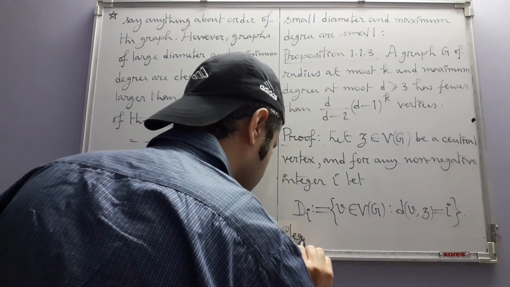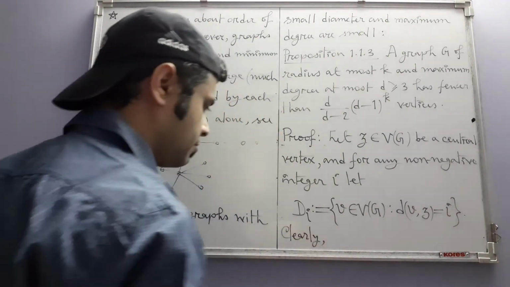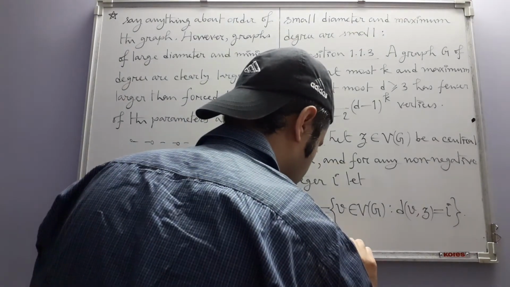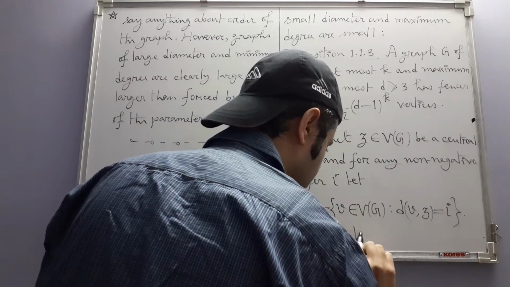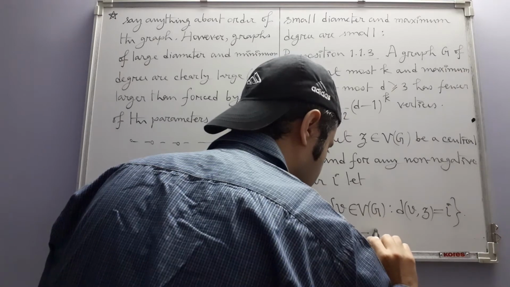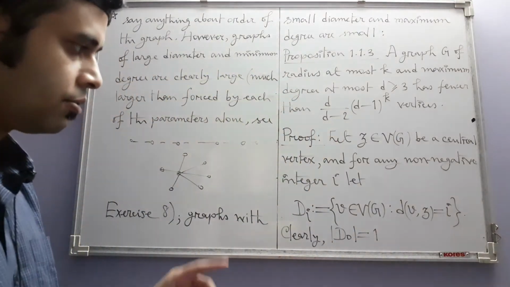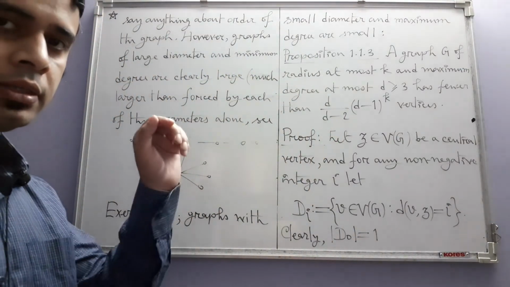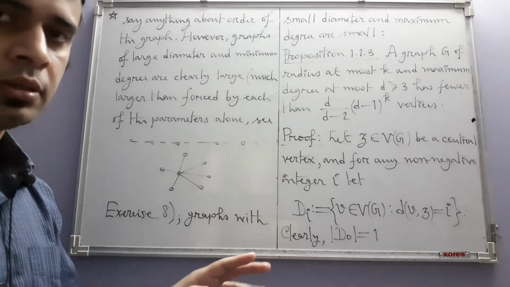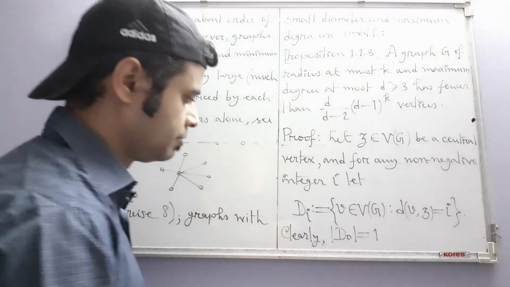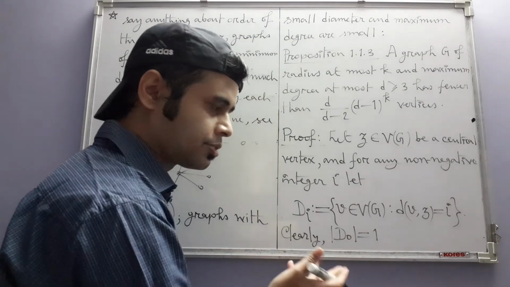Clearly, the number of vertices in D_0 is 1. There is only one vertex that is at distance 0 from z, namely z itself. So that's why this is 1.